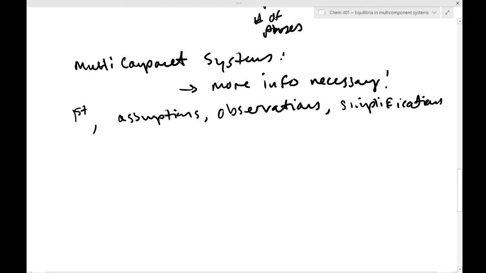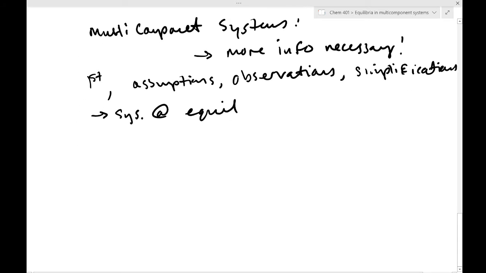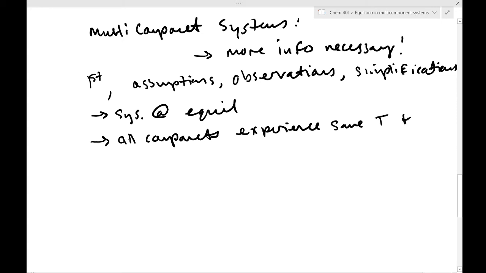The first assumption is that the system is at equilibrium. Because of this, all the components within the system experience the same temperature, and actually the same total pressure.